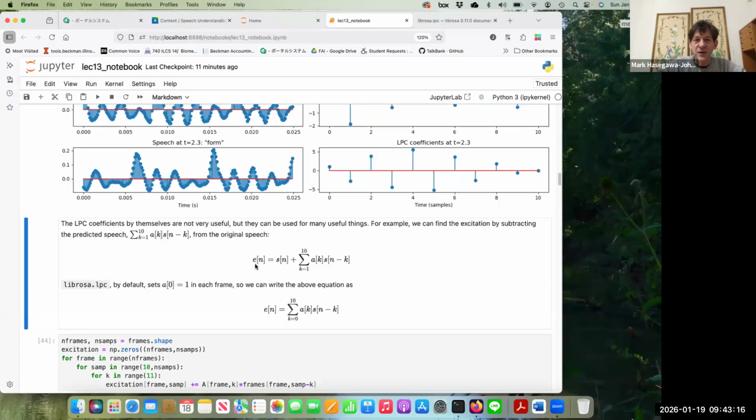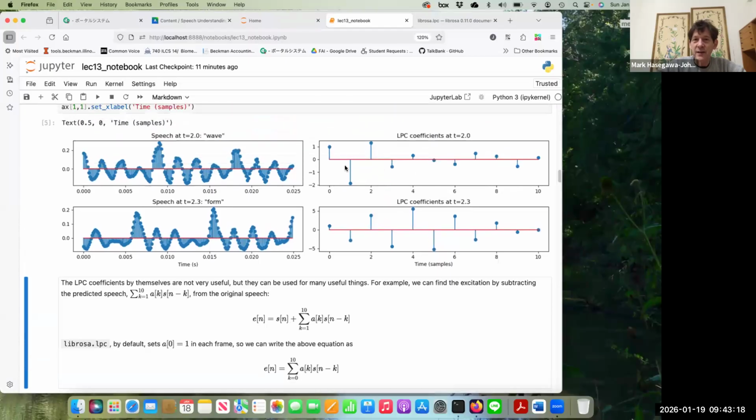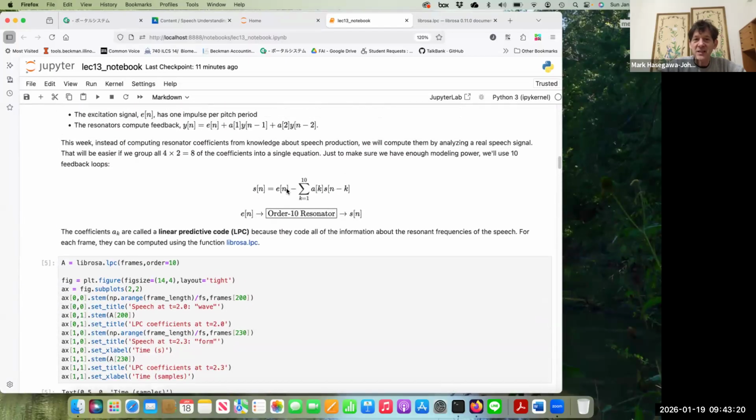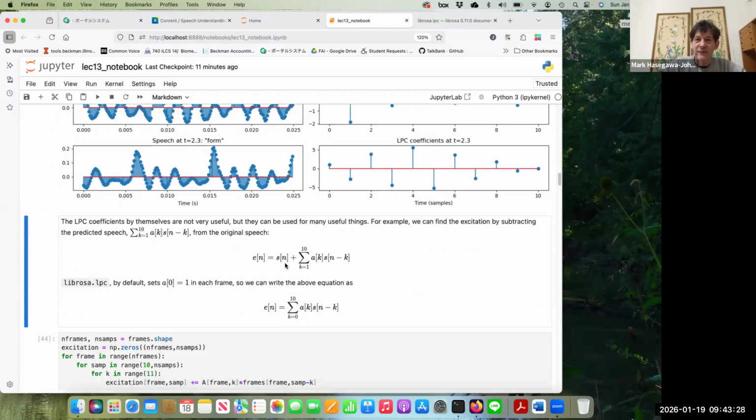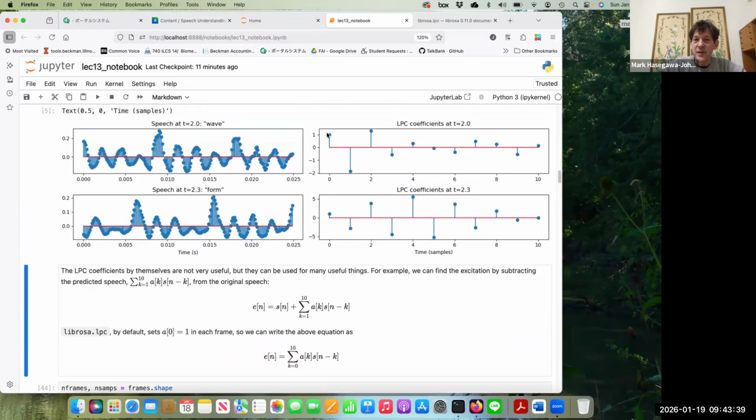If we wanted to find e[n], I said back up here that s[n] is e[n] minus the sum of 10 delayed versions of s[n]. That means that we can get e[n] back again from s[n] by taking s[n] plus the sum from k equals 1 to 10 of a[k] times s[n minus k]. And librosa sets it up so that a[0] is always 1.